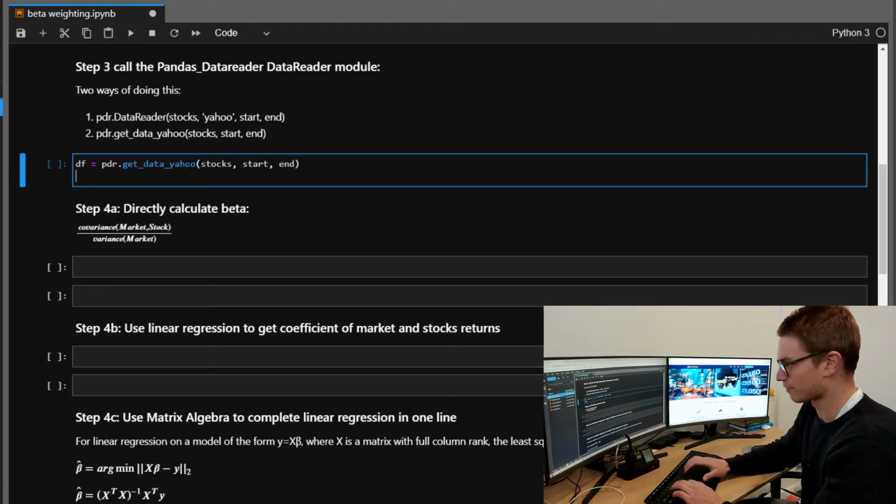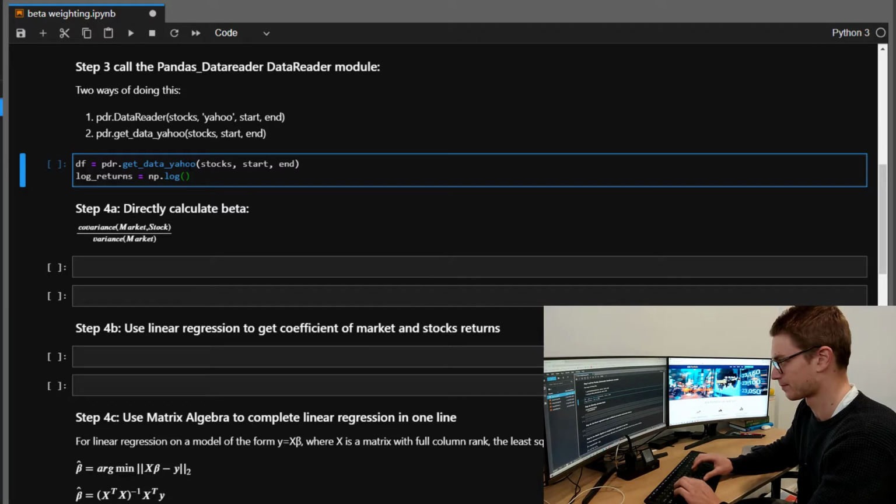Once we've got that information, we want to calculate the log returns. So we can use numpy for this. So np.log will take df of the close information. We'll take the shift operator of the closes with 1.